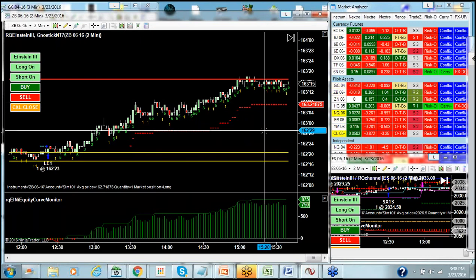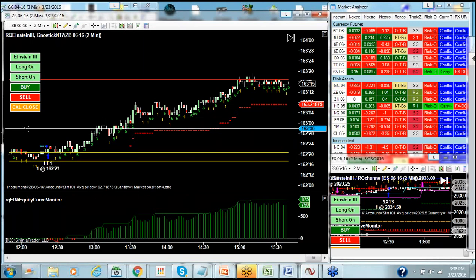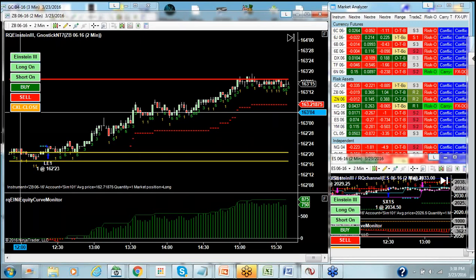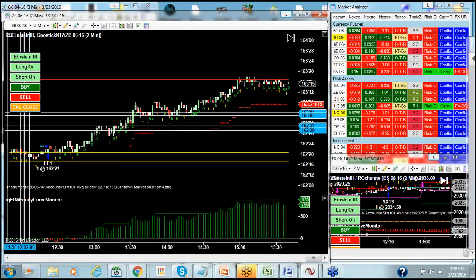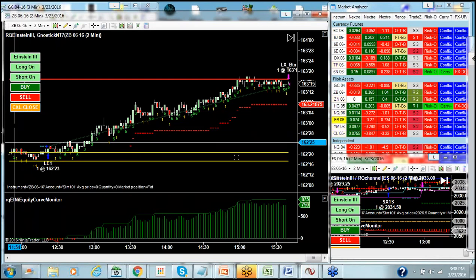So combining our indicators, the NOS levels, with Einstein, you can very easily click any of the buttons. So I'm going to go ahead and click right now to close, and we should see this position close, and there it goes.